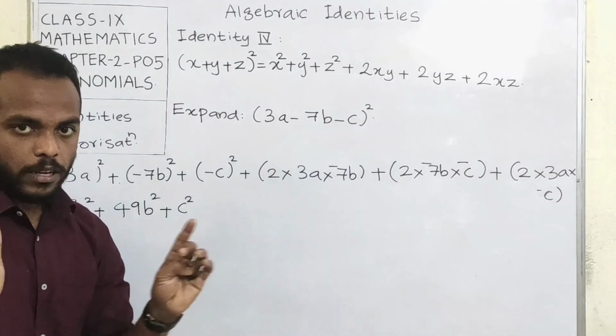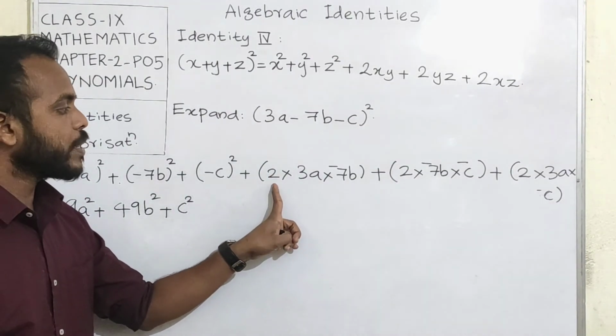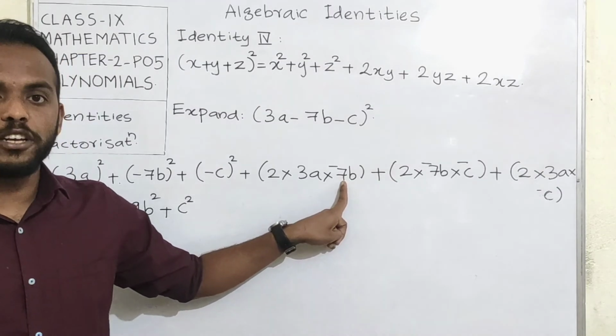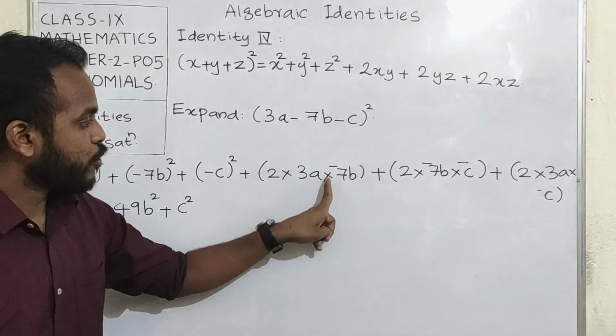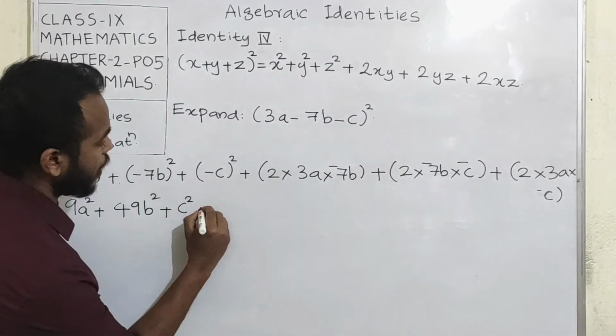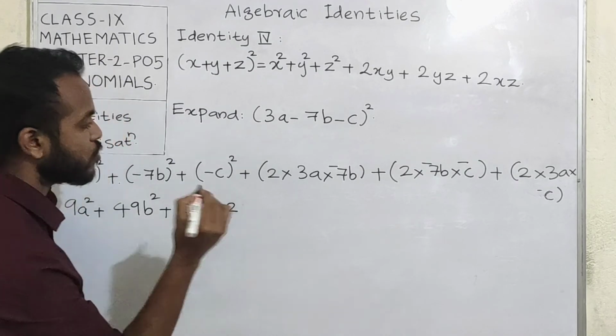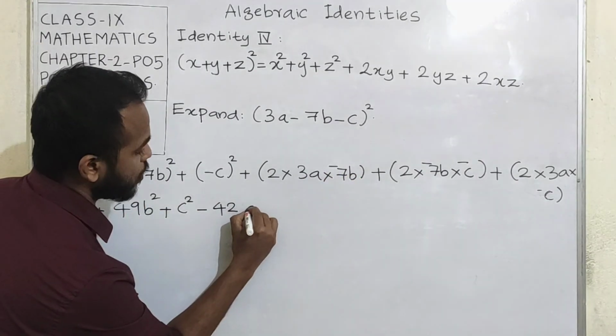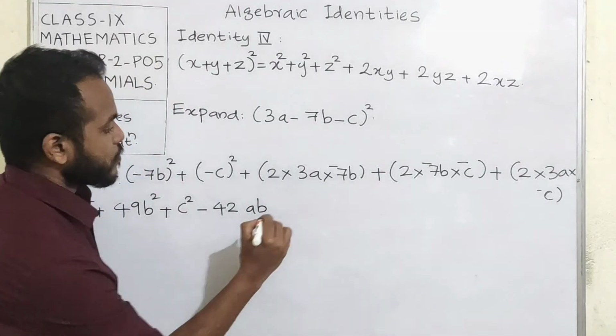2 times. Let's try to multiply the numerical parts first. 2 times 3 is 6, 6 times 7 is 42. So 42, and there is a negative symbol, so we can write minus 42. Let's not forget the literals a and b. When multiplied together, it becomes ab.